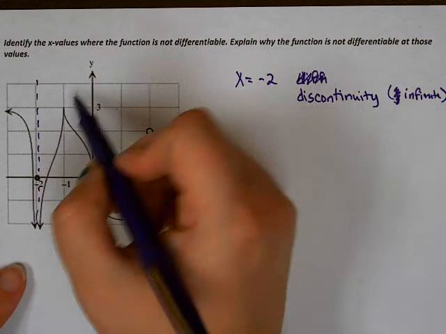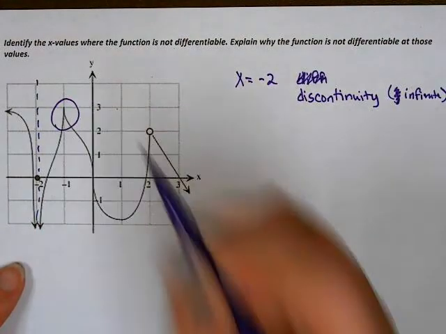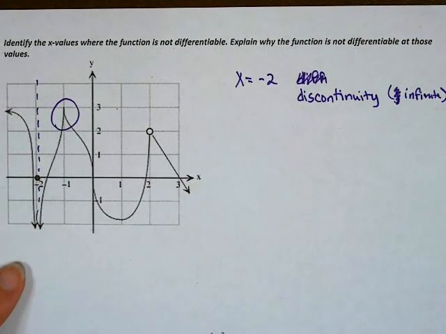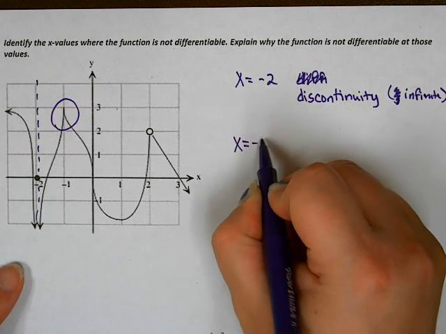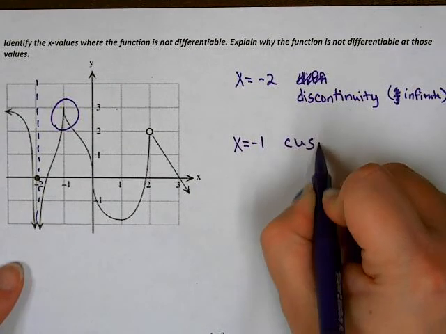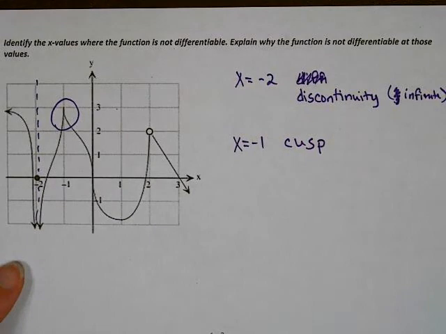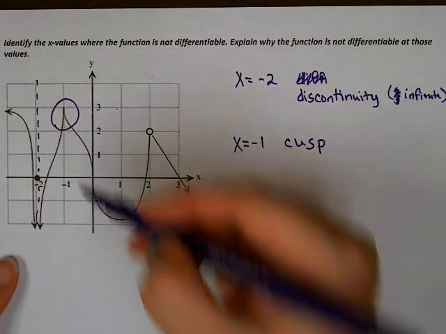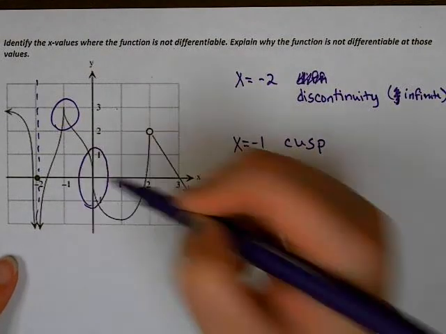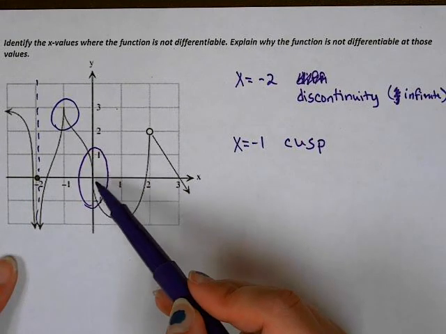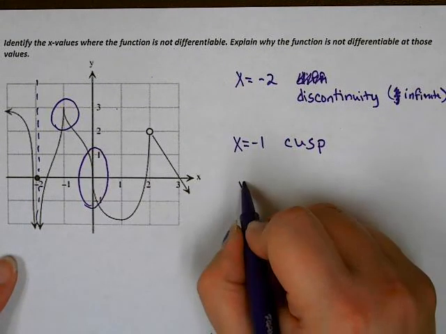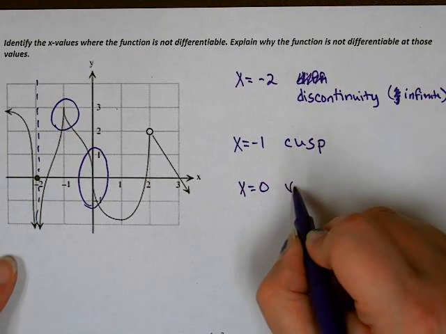The next place that I see a problem is this curve right here going on. All right, at x equals -1, there is a cusp. At x equals 0, we notice that the function goes very vertical right here. All right, so at x equals 0, there is a vertical tangent.